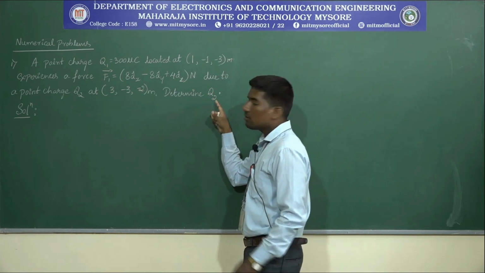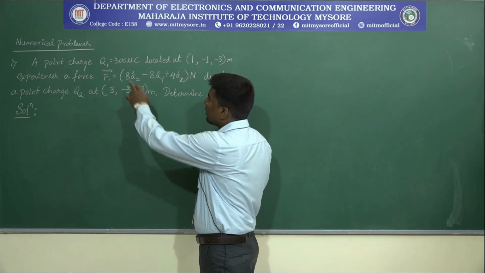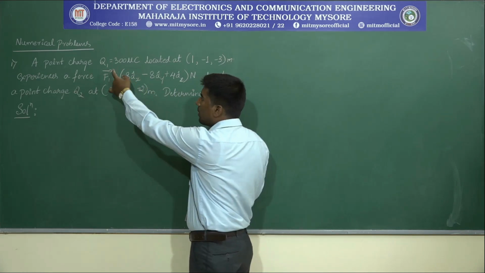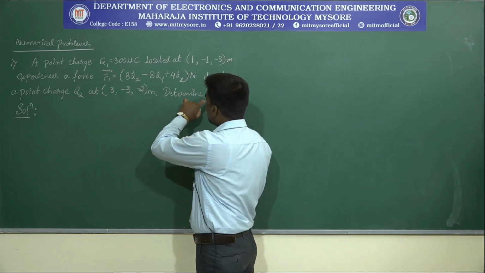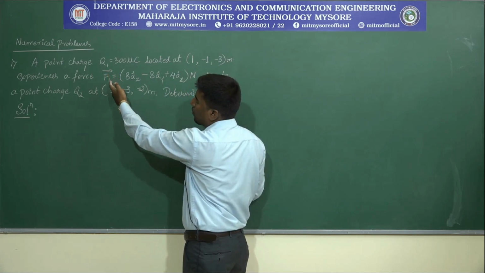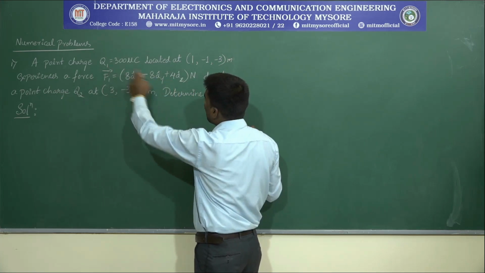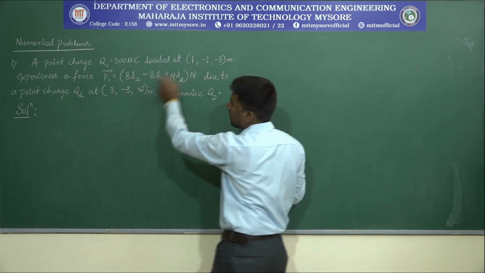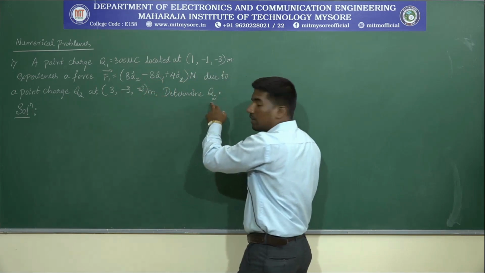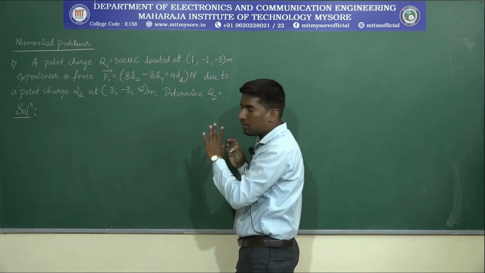Determine Q2. By looking at this problem statement, there are 2 point charges Q1 and Q2. Due to the point charge Q2, Q1 experiences a force F1 given by this equation. These 2 point charges are located at these coordinates. Then we need to calculate the unknown point charge Q2. That is the problem statement given.